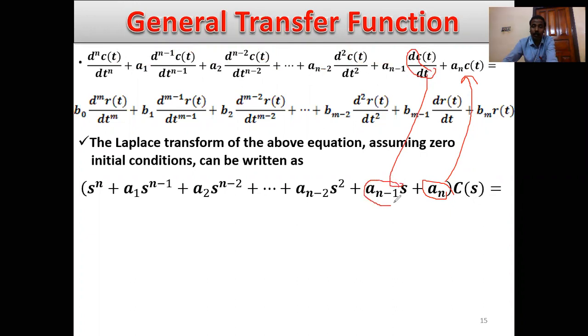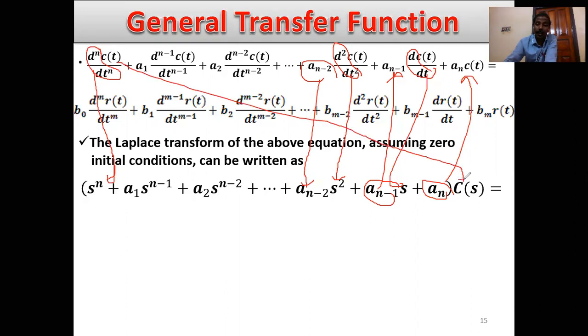This is the coefficient of d/dt, or dc(t)/dt. Next, d^2/dt^2 is equivalent to s^2, with coefficient a_(n-2), and similarly d^n c(t)/dt^n is equivalent to s^n C(s). This C(s) is the common part for the first equation.